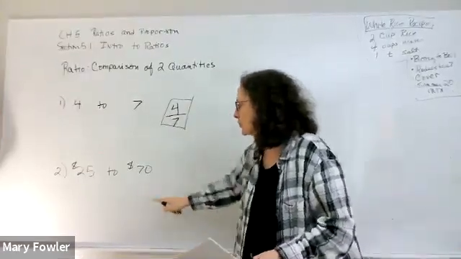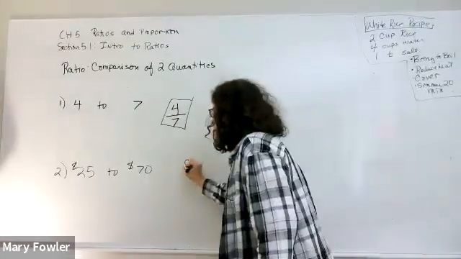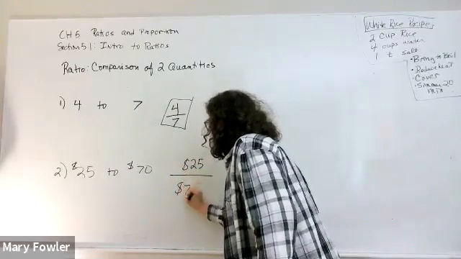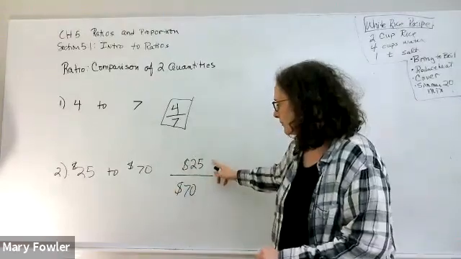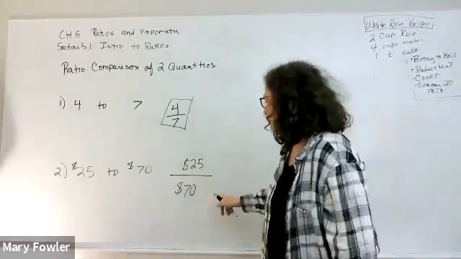Let's look at number 2, $25 to $70. So 25 goes in the numerator, 70 goes in the denominator, and that's the ratio, but in simplest form, we want to reduce.